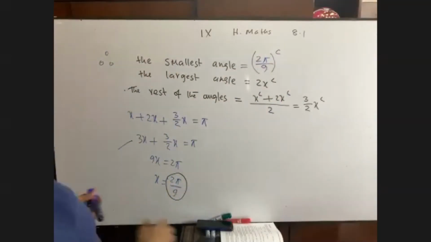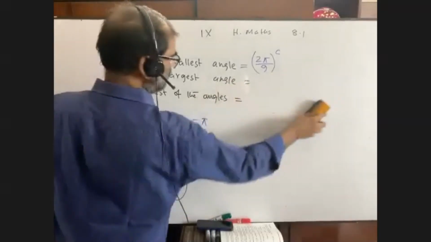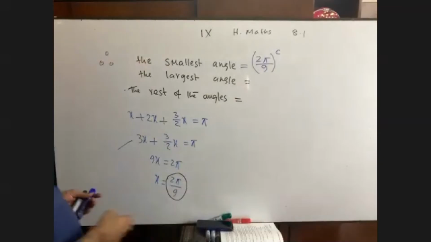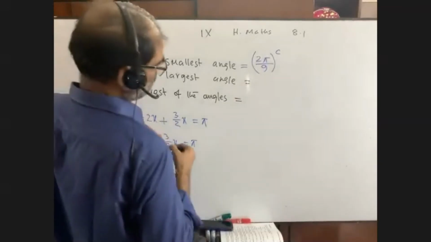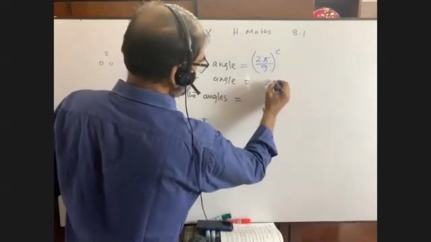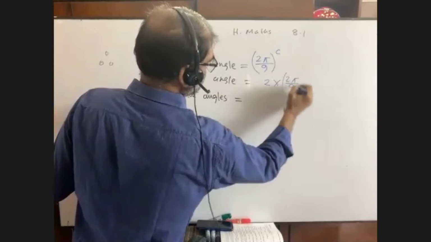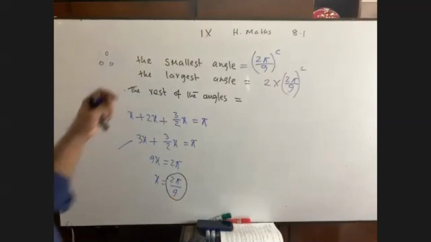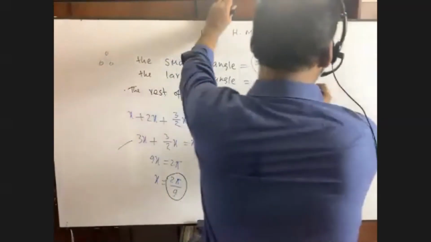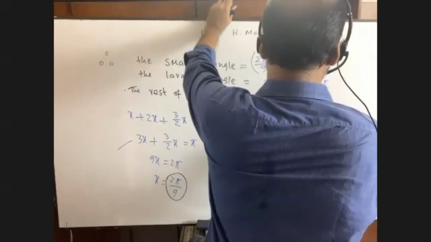The largest angle is 2x radian. What is meant by 2x radian? We will multiply it by 2. That means 2 into 2 pi by 9 radian. If we multiply it, we'll get 4 pi by 9 radian.